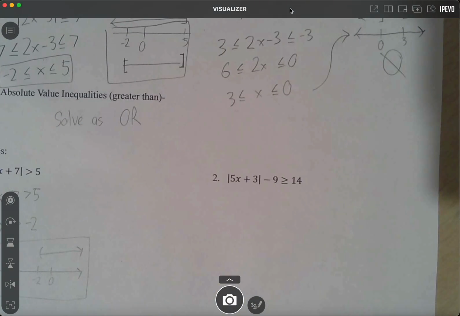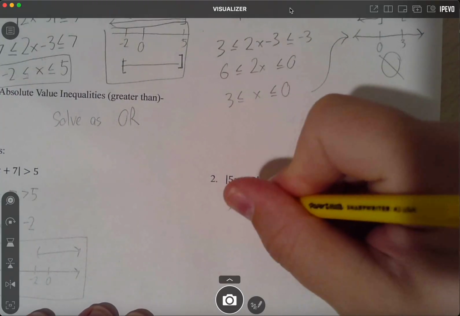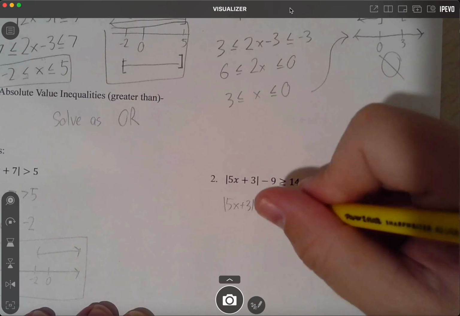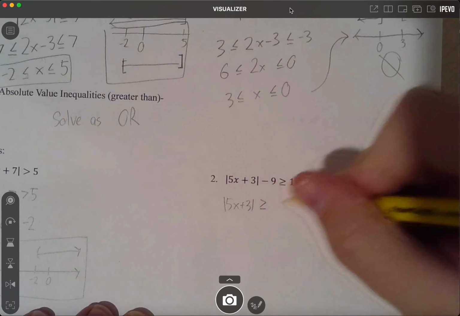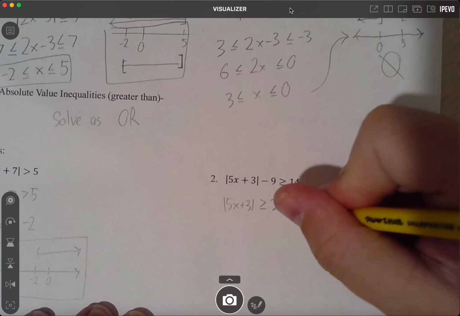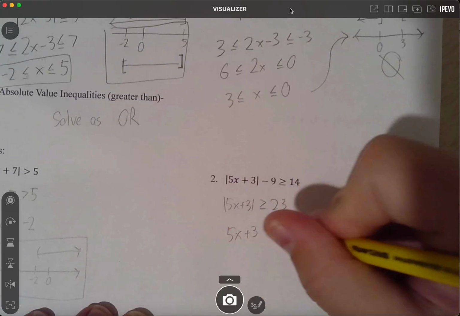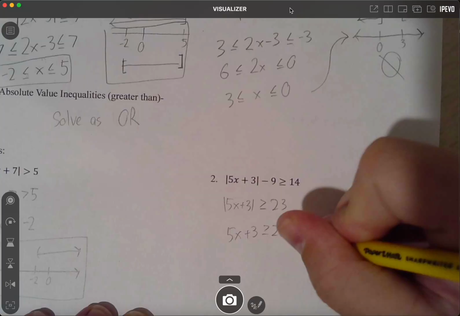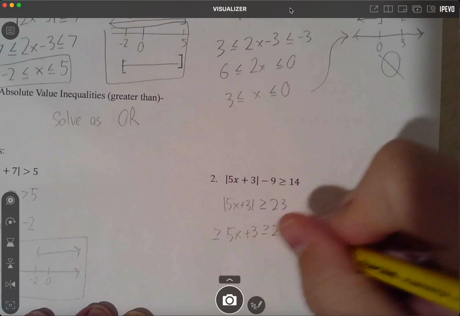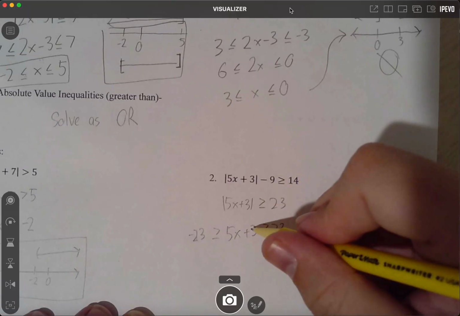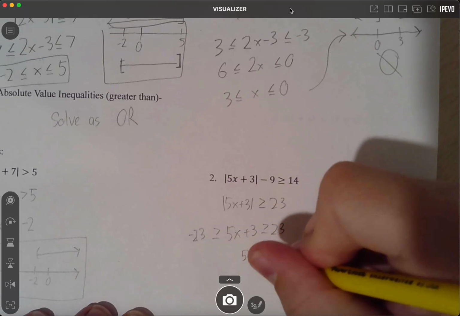We might as well do the last one. All right, if I add the 9, that's going to be, let's see here, 23. Again, my absolute value is isolated now. So I copy my inequality, write the negative version, and I subtract 3 from all sides.